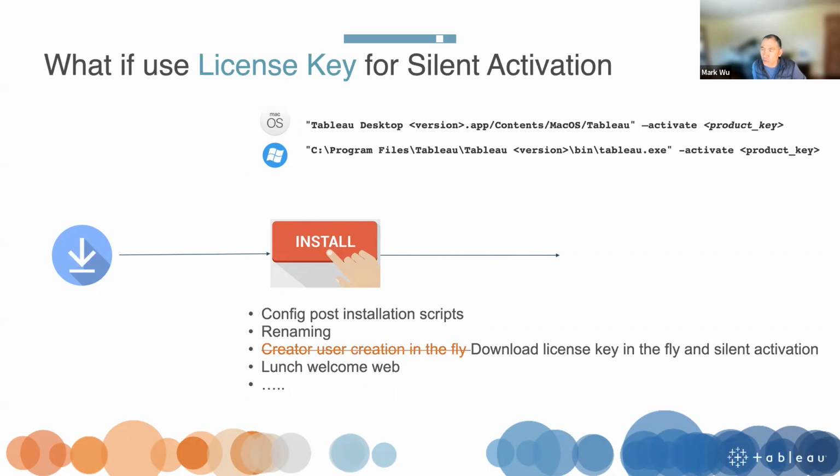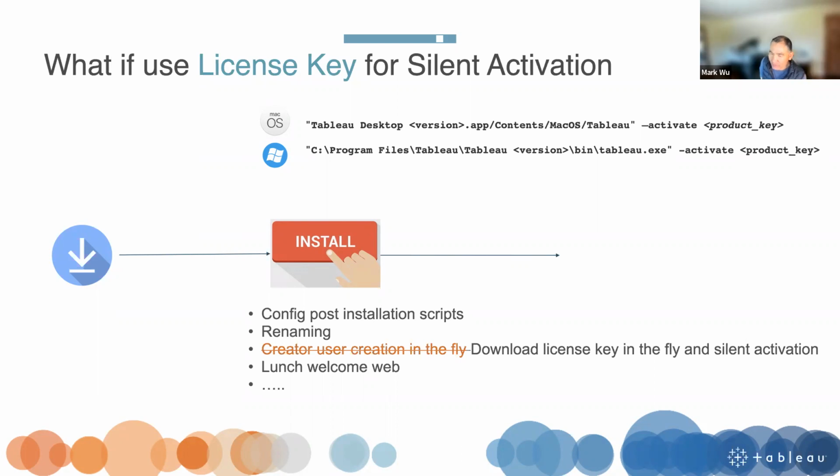Pretty much this approach works the same way as LBLM, except during the package build, instead of creating users with a creator site role on the fly, in my old package, when I had the license key, I downloaded the license key from a safe place in my network automatically and then silently activated it. Silent activation of your license key is a feature supported by Tableau. It works for both Windows and the Mac.